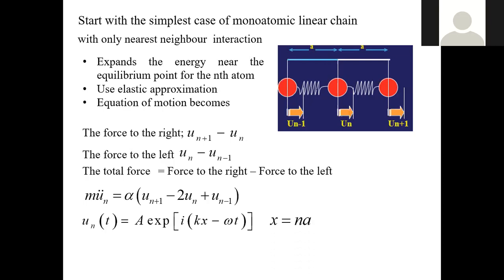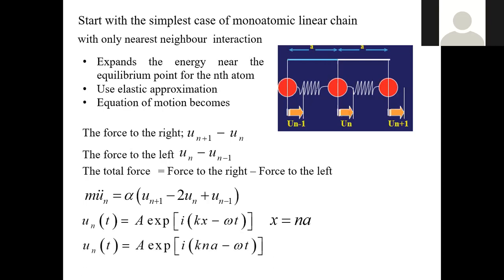Similarly, we have taken x equal to na, quite understandable, I think, where a is the interatomic distance. Since we consider this as the nth atom, there are a total of n interatomic distances a. So we consider here the position of the nth atom as na. So this is the expression for the displacement from equilibrium for the nth atom.